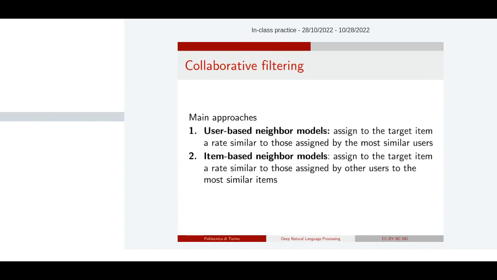You can assign to the target item a rating that is similar to those assigned by the most similar users. This approach that I have already explained to you before is also called the user-based approach. But you can also try to assign to the target item a rating that is similar to those assigned to the most similar items.